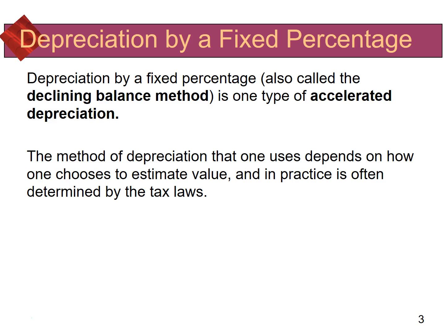There is some other economics terminology that might call it a declining balance method of depreciation, or an accelerated depreciation. Basically the whole premise is that I'm losing the same percentage each year, but the amount of money I'm losing each year is declining. If I start with $10,000 and lose 5%, I'm losing $500.